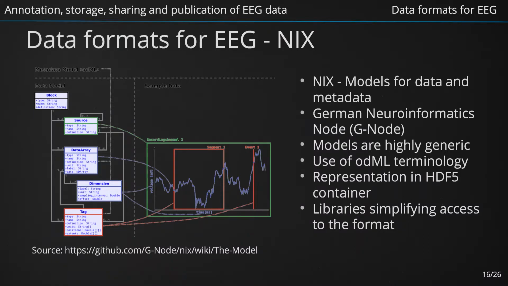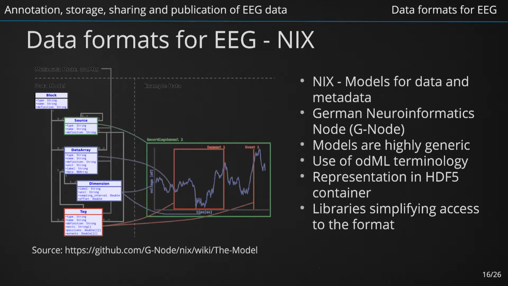The NIX model for data consists of 6 main elements: block, data array, tag, multi-tag, source, and group. Multi-tag is not explicitly depicted here. A simplified NIX model that you can see on the slide demonstrates the basic entity types that describe a dataset containing an annotated analog signal.